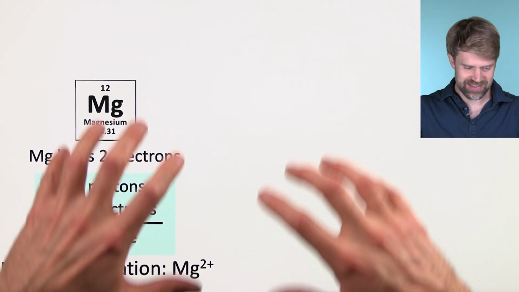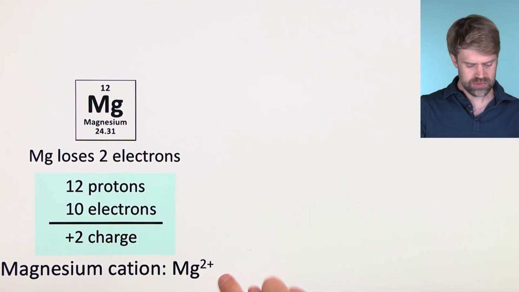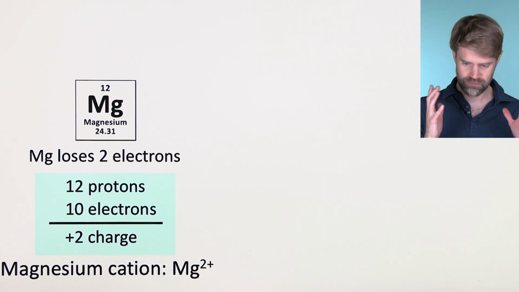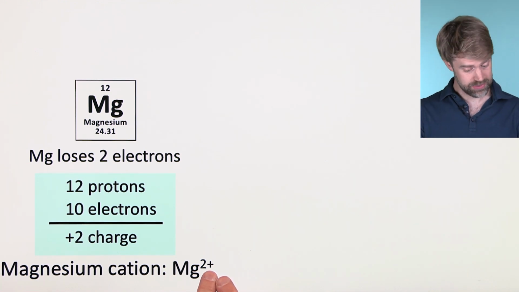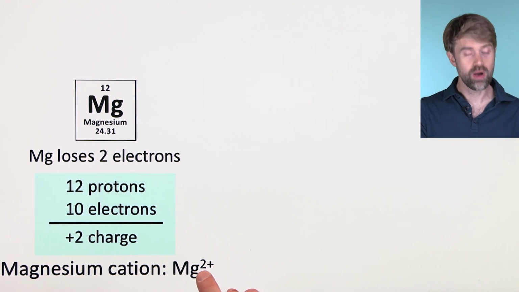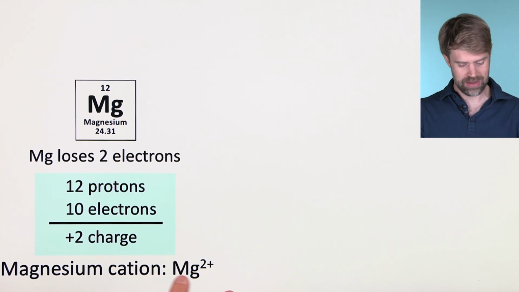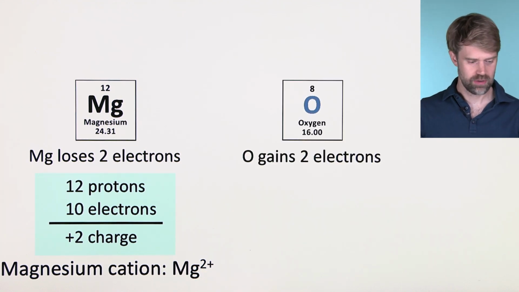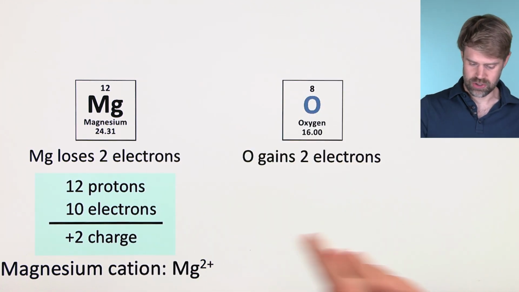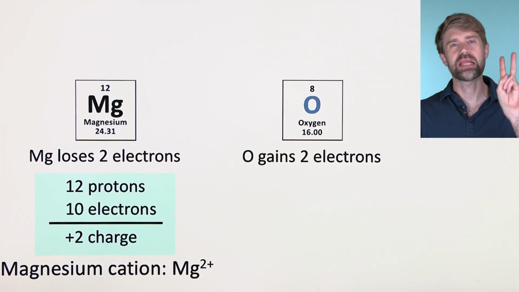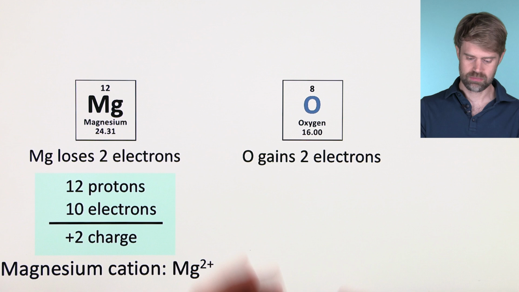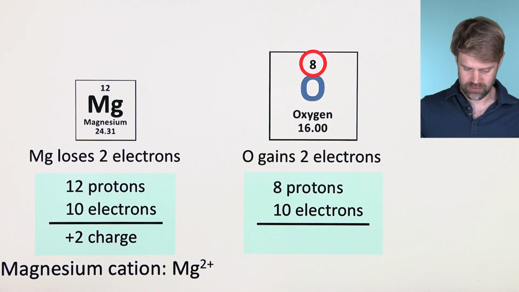It's a positive ion. Now, notice a few things about the symbol. First of all, we don't use just a plus sign. We write 2+, and it's not like 2 plus signs, it's 2+, Mg2+. Now, let's look at oxygen. Oxygen likes to gain 2 electrons. So what charge is it going to have?